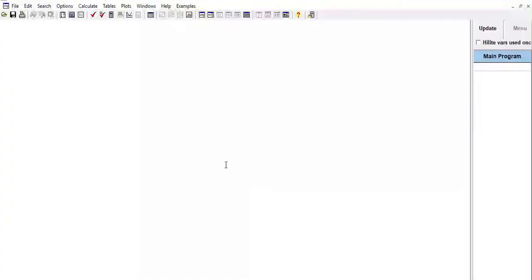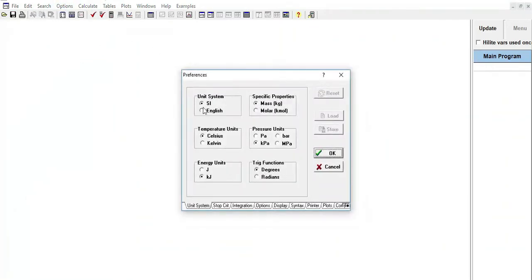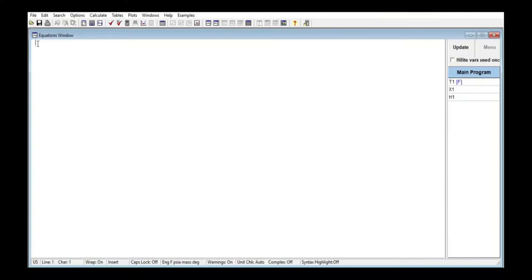After opening the software, first of all we have to convert the units. Going into options, in unit system we change from SI to the English unit system, and then we press OK. Okay, so let's start solving.